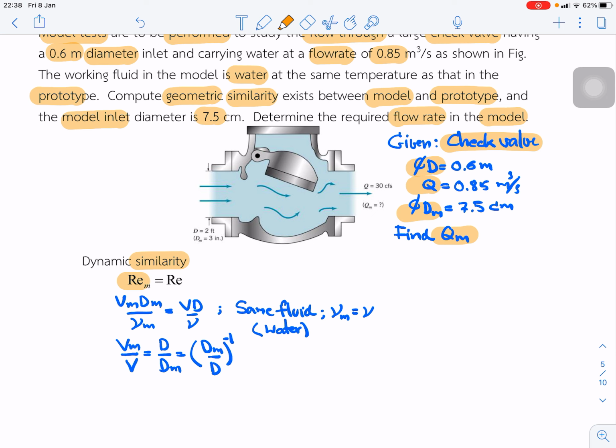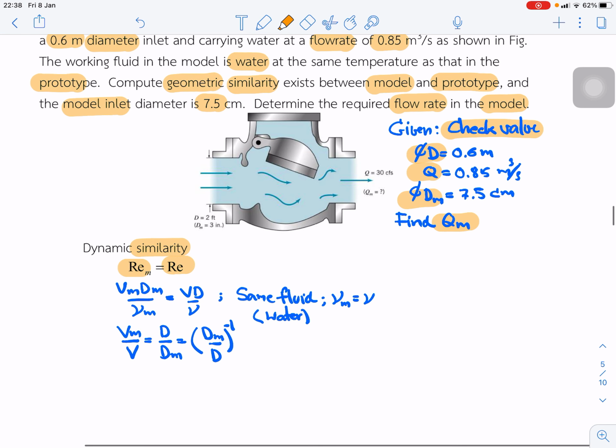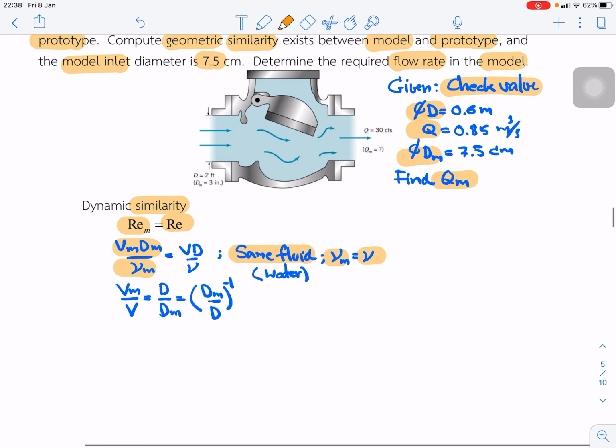We apply dynamic similarity: the Reynolds number of the model equals the Reynolds number of the prototype. This is the equation for the Reynolds number. Because we assume the same fluid, the mu of the model equals the mu of the prototype, since it's the same water.